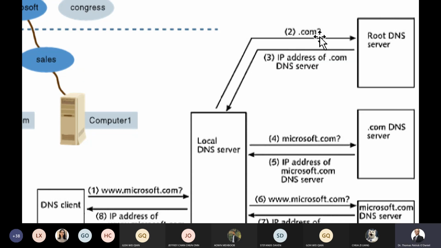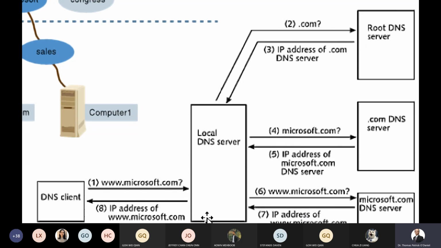It only keeps track of the top level ones, .com, .th, .za, South Africa's one, all right? And it returns the address of the .com server. Then we've got to make a new query to the .com to say, give me an IP address for Microsoft.com or mytiny.net, if it's that one, right? And that address comes back.